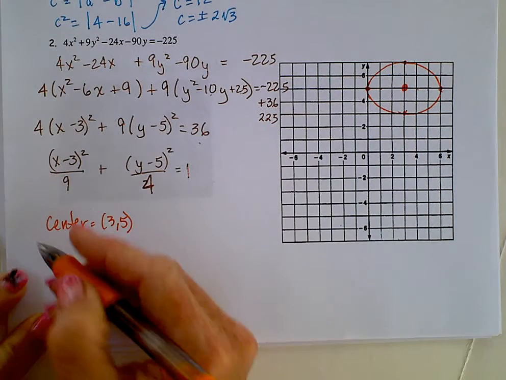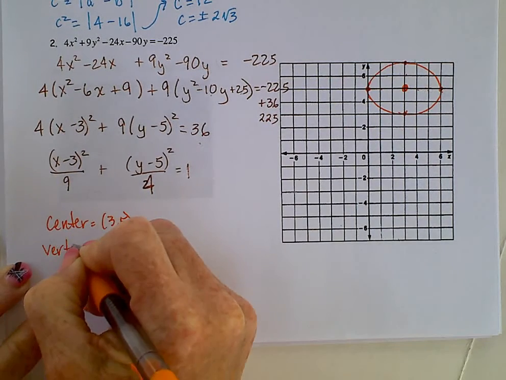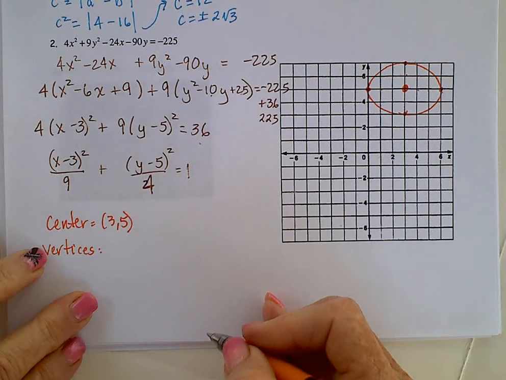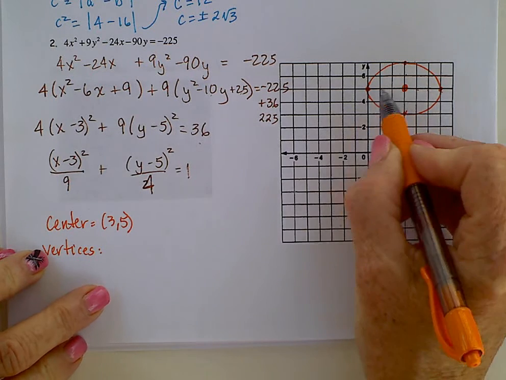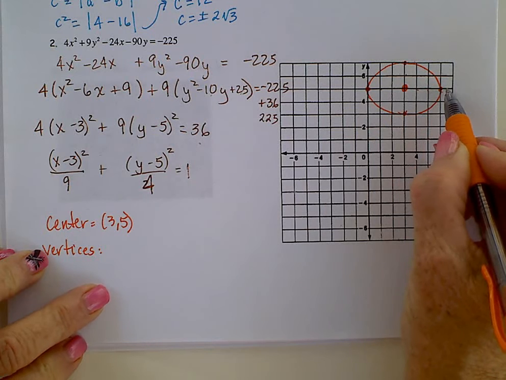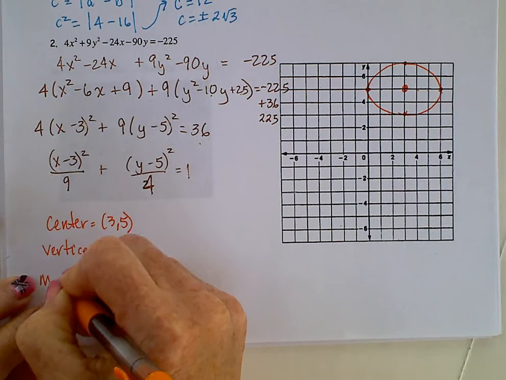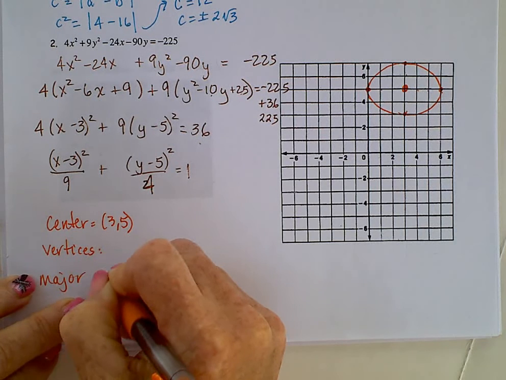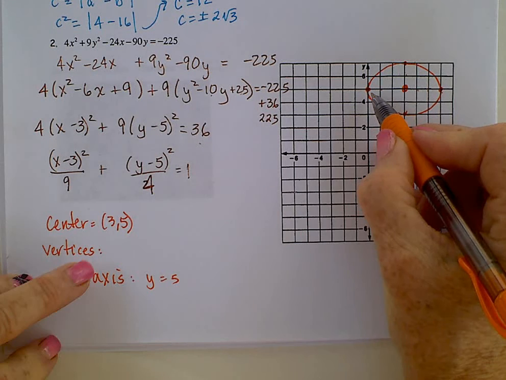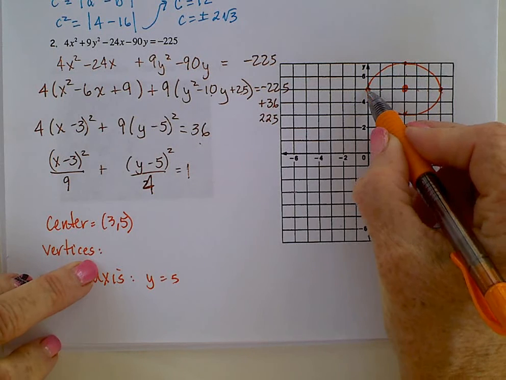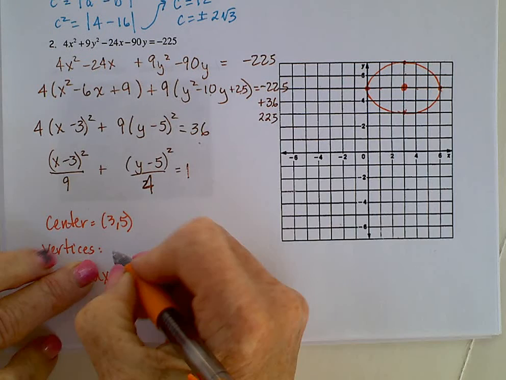The vertices along the major axis. The major axis is running right here, the longer one at y equals 5. And the vertices then, we see one at 0, 5 and also one at 6, 5.